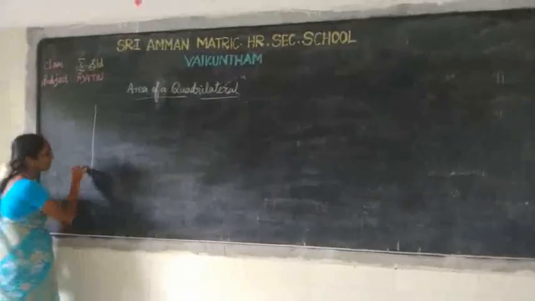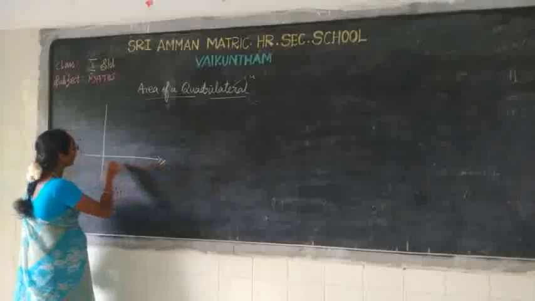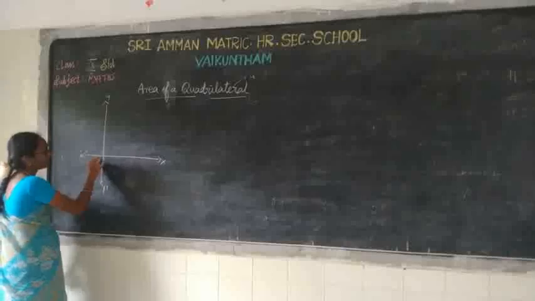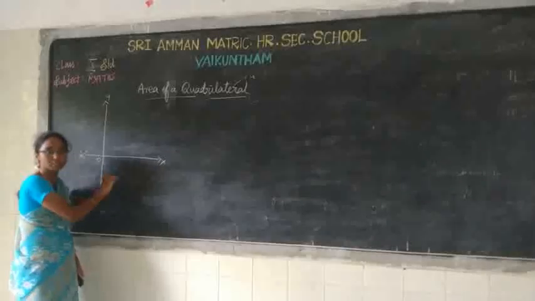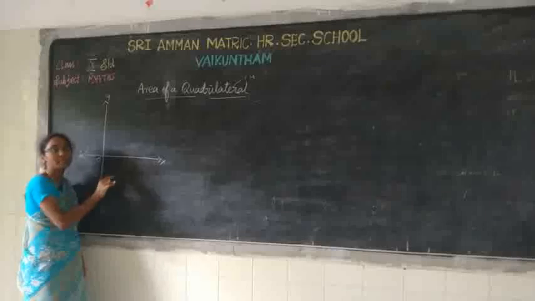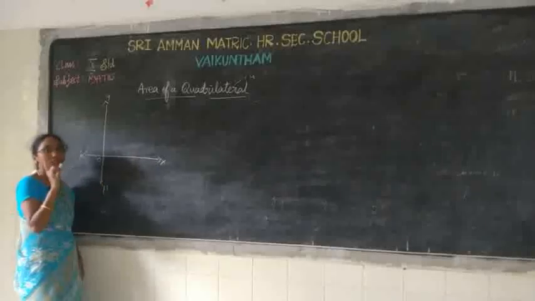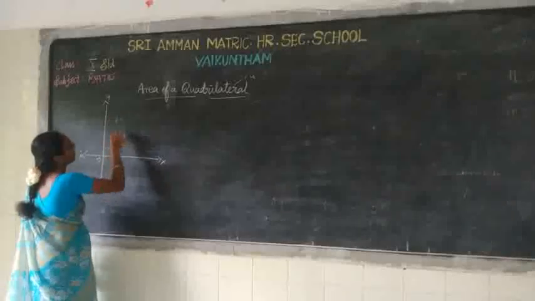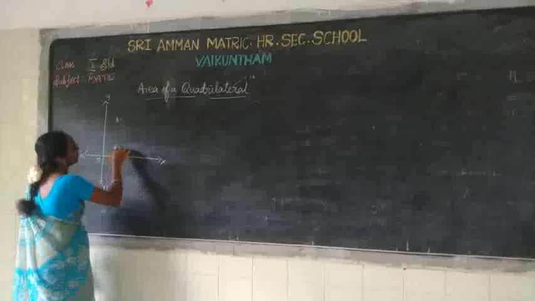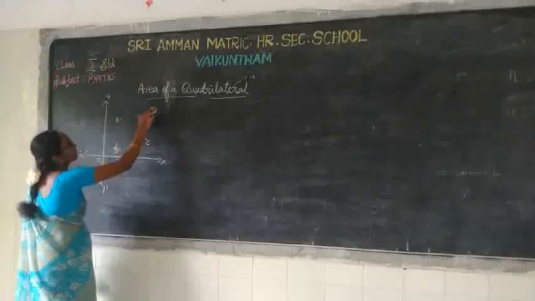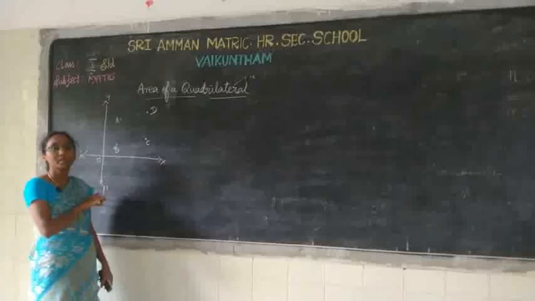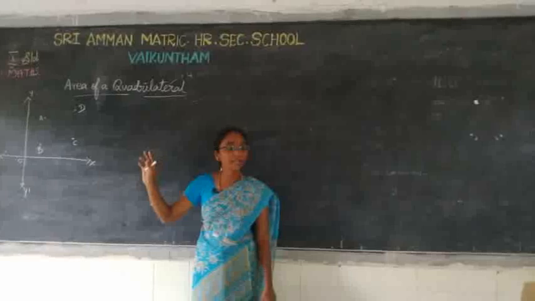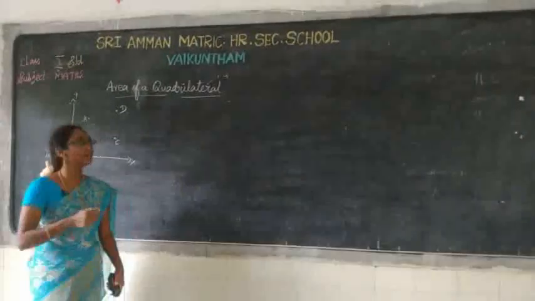In the Cartesian plane, with x dash, y dash and the origin, I consider a quadrilateral with 4 points A, B, C, D. Joining these 4 points, you get a quadrilateral.